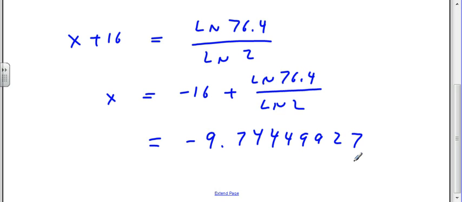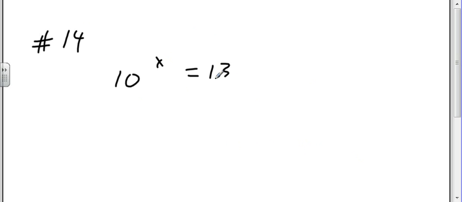We'll do 20. Oh, did we do 14? We'll do 14. 10 to the x equals 1.35. We'll use common log.